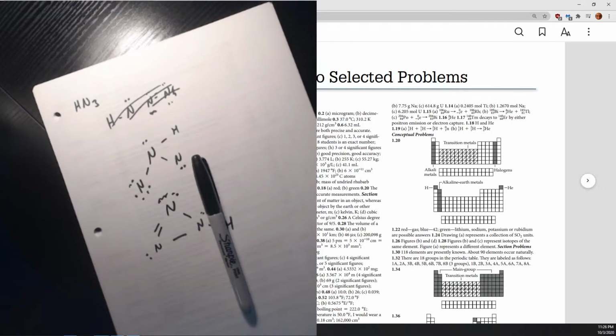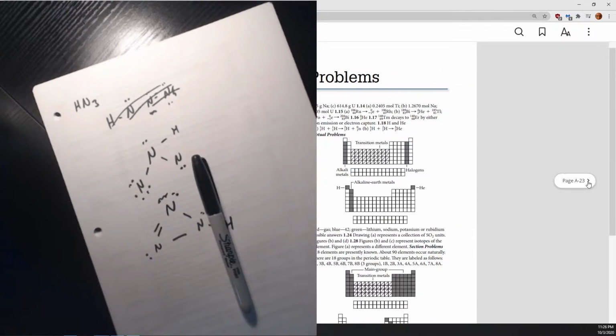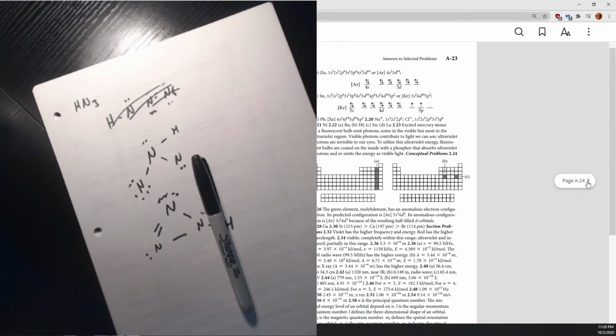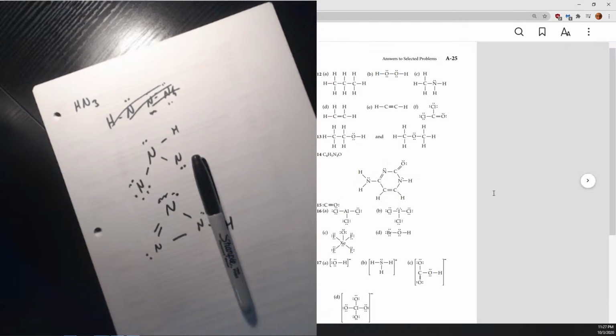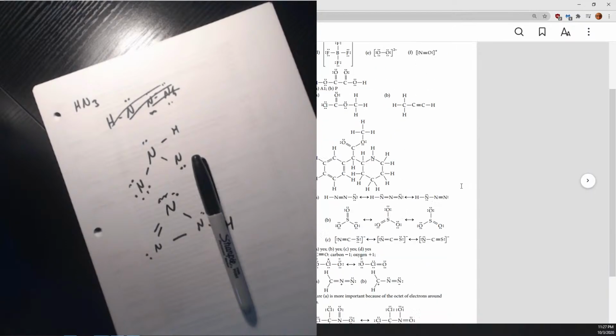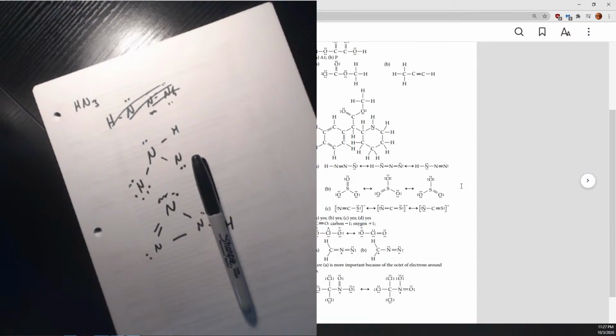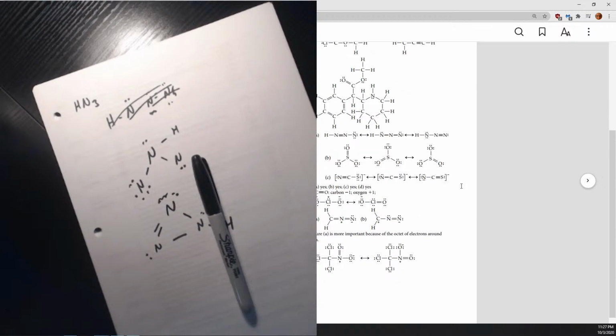All right. Problem 4, 6 to 2 is what we're looking for. No, they did linear with a triple bond in the middle.